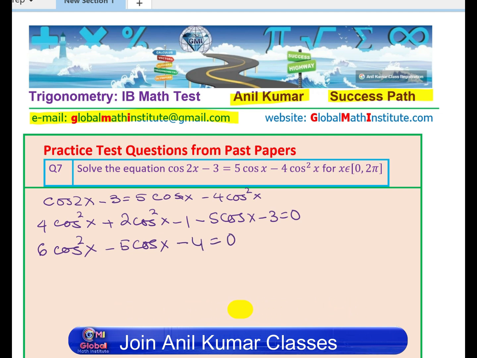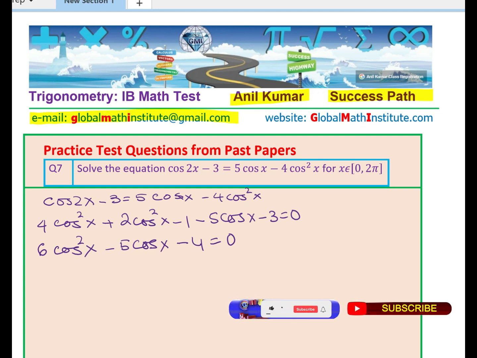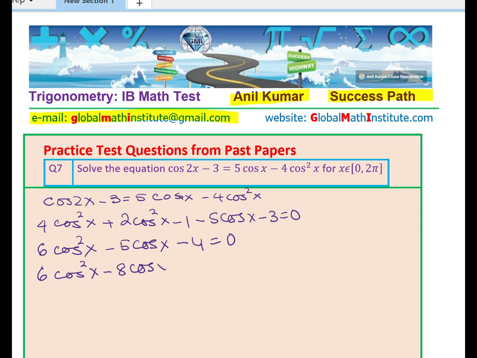Now we can factor this. We are looking for product of minus 24 and sum of minus 5. So 8 and 3 works for us. 6 cos squared x minus 8 cos x plus 3 cos x minus 4 equals to 0. So 2 cos x is common.